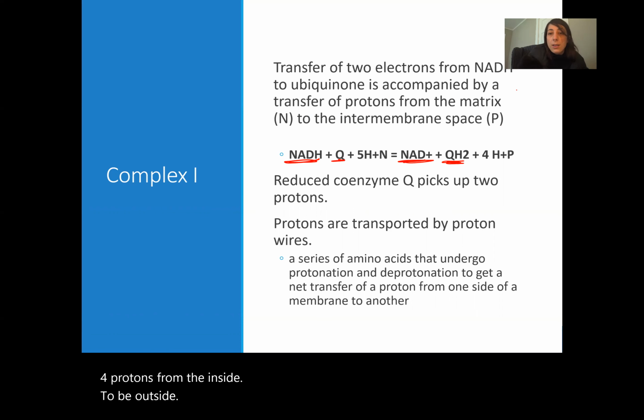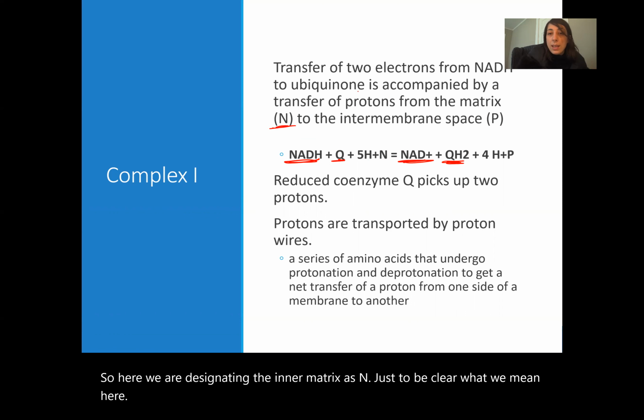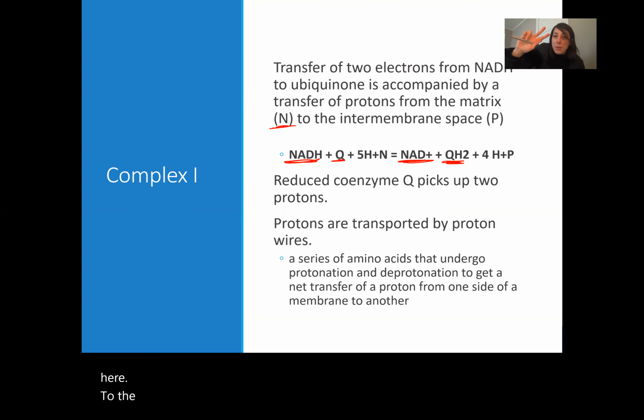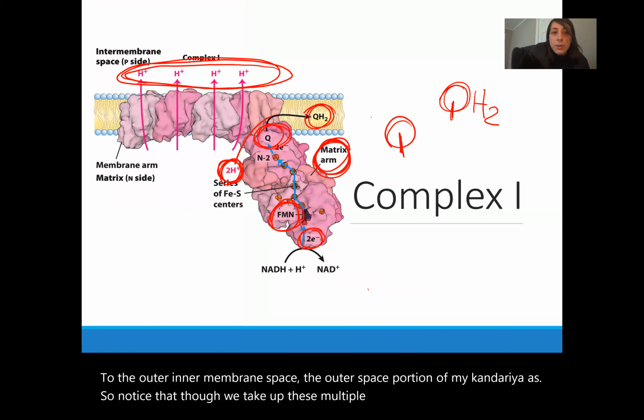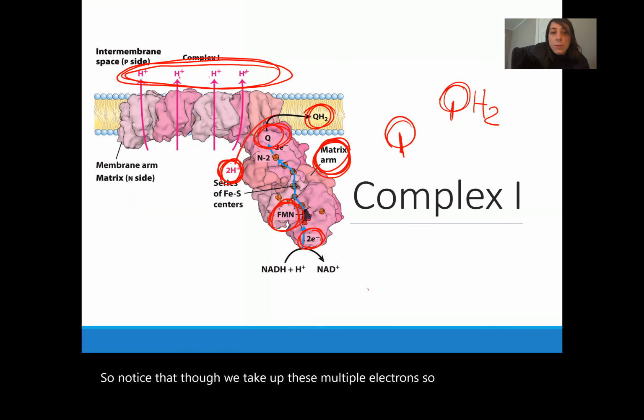So here we are designating the inner matrix as N, just to be clear what we mean here, and the outer, inner membrane space, the outer space portion of the mitochondria, as P. Notice that though we take up these multiple electrons, there's 1, 2, 3, 4, 5, 6 total that actually come from this side, the N side.